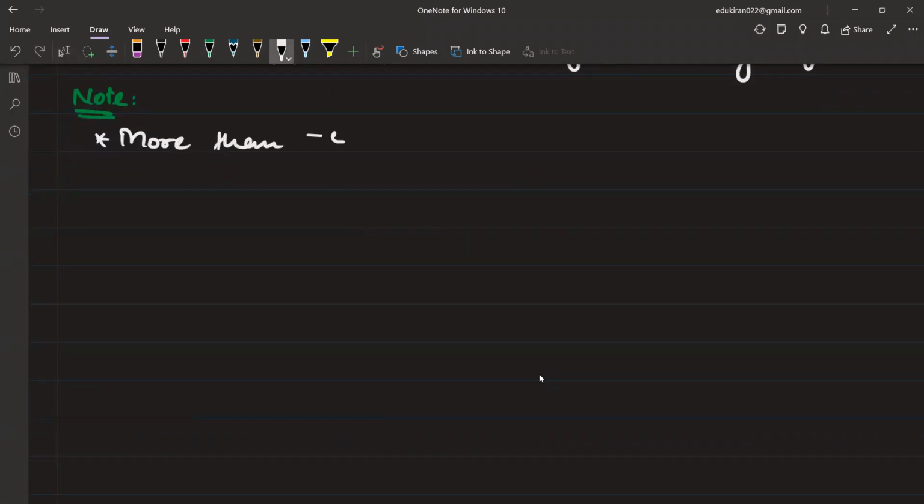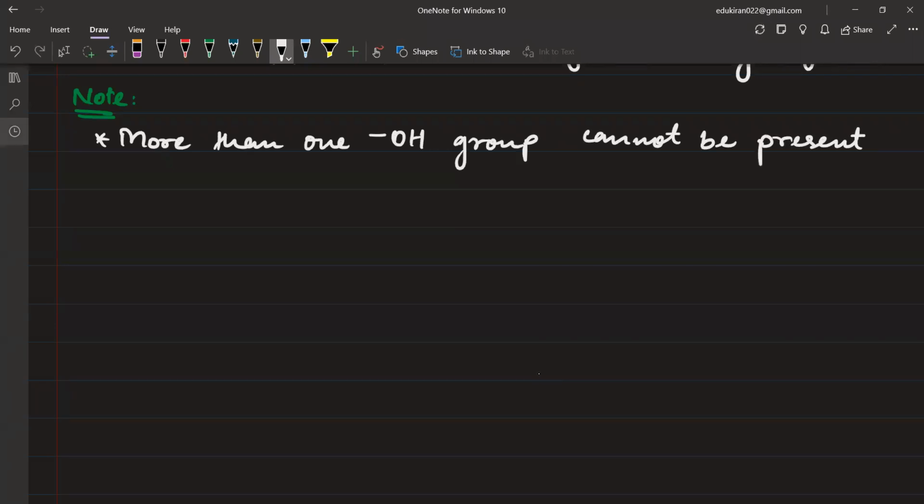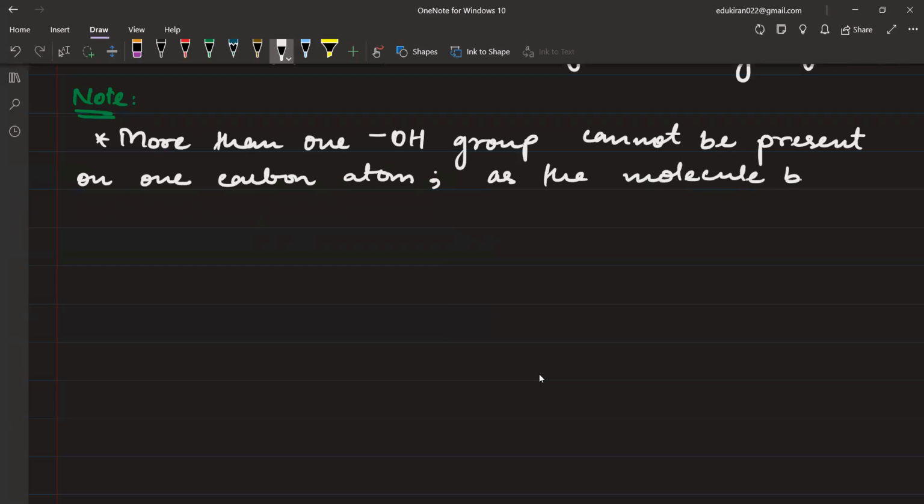More than one OH group cannot be present on one carbon atom, as the molecule becomes highly unstable.